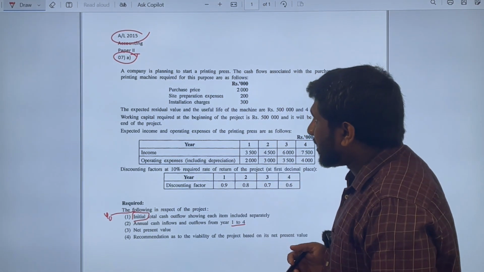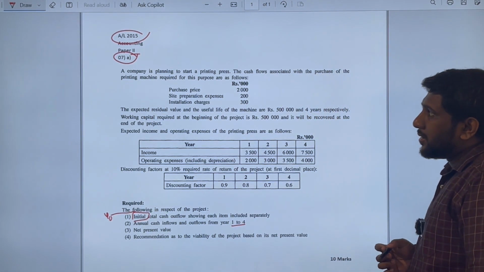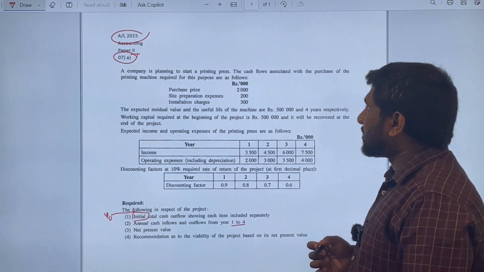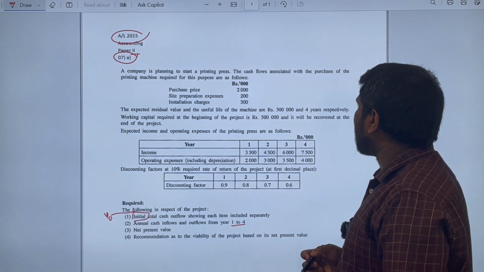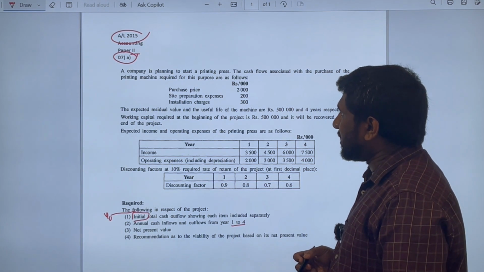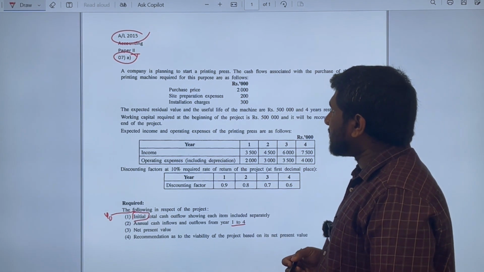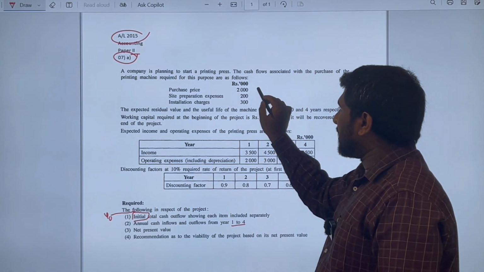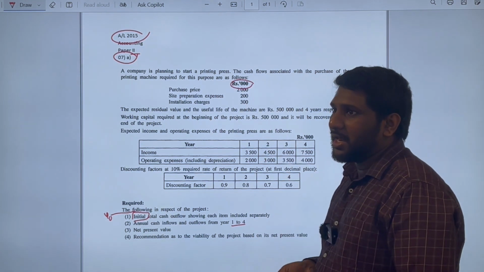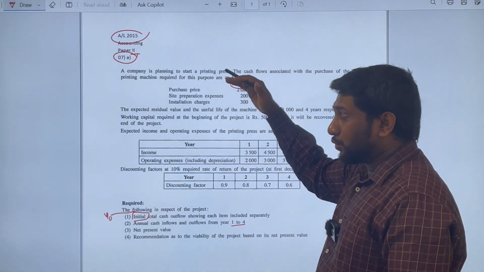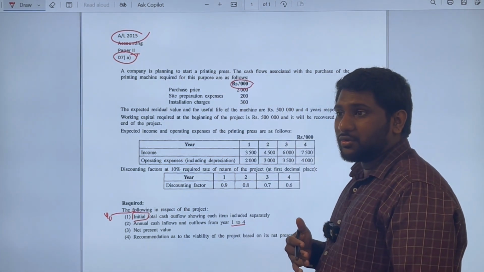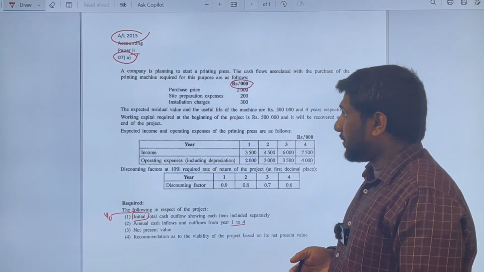Now let's go through the scenario that they have given. A company is planning to start a printing press. The cash flows associated with the purchase of the printing machine required for this purpose are as follows. They have given the values in thousands, so we'll do the calculation also in thousands. These are the amounts that we are going to spend if we purchase this particular machine.